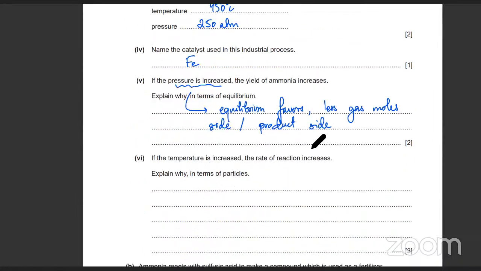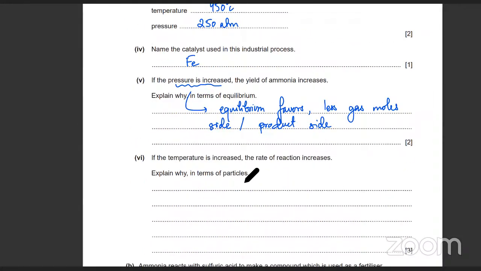If the temperature is increased, the rate of reaction increases. Explain why in terms of particles. So why does the rate of reaction increase when temperature is increased? What happens if you have a higher temperature? More kinetic energy. So more kinetic energy. What happens after that? Which means more frequent successful collisions, a higher rate of successful collisions.